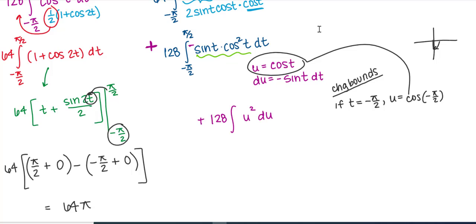That's down here. Cosine of that is 0. Okay, no problem. If t is pi over 2, u is cosine of pi over 2. Well, same issue. Cosine of pi over 2, now we're up here, is 0. So technically, I have an integral that goes from 0 to 0.